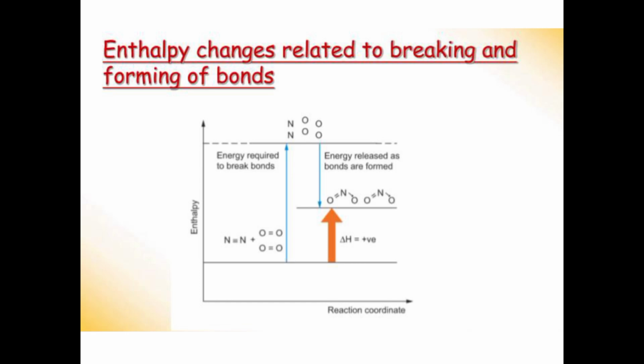And we can see for an endothermic reaction, for instance, we have a nitrogen molecule which contains a triple bond, reacting with oxygen to form 2NO2. That means N2 plus 2O2 form 2NO2. Energy is required to break the bonds so that they reach the activated complex, and then they form the bonds.